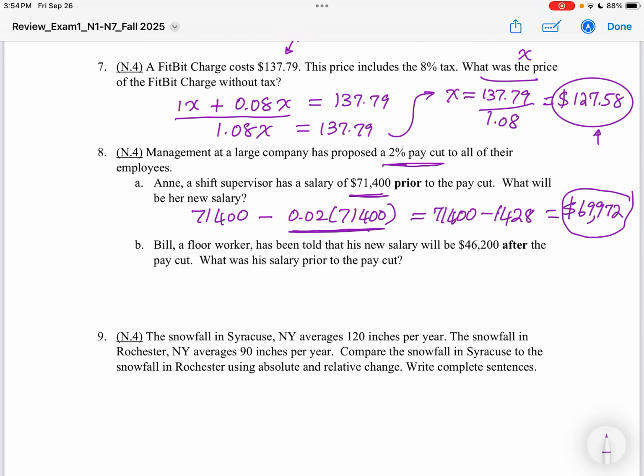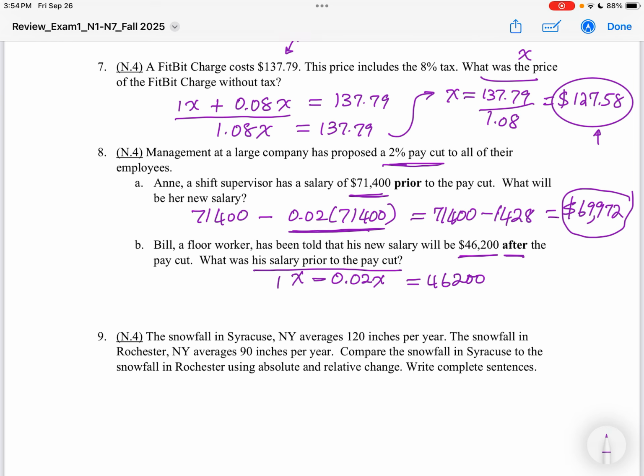Now we have the opposite information given. This is Bill, who's a floor worker. He's been told that his new salary will be $46,200 after the pay cut. So this is the problem where you have to let X be the salary prior to the pay cut. So from X, you take away 2%, and then you set it to equal the new salary.